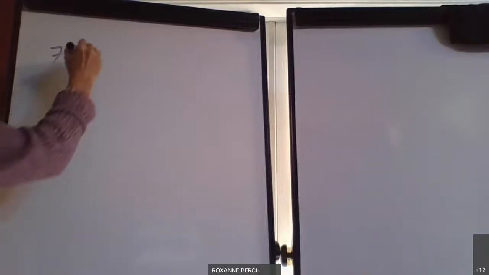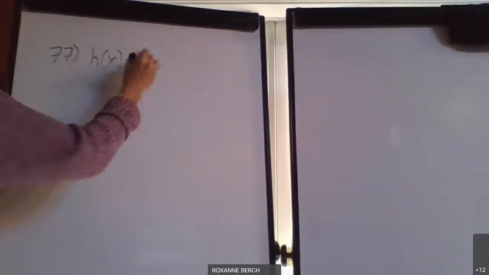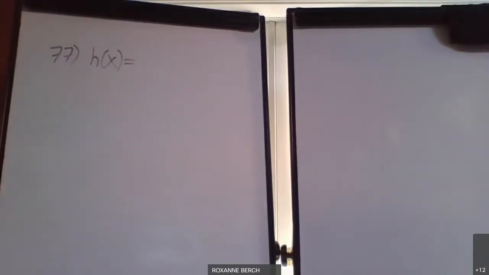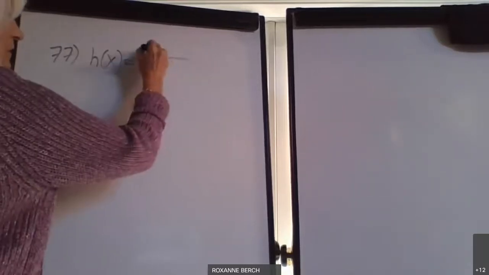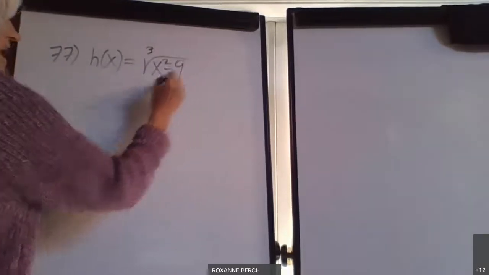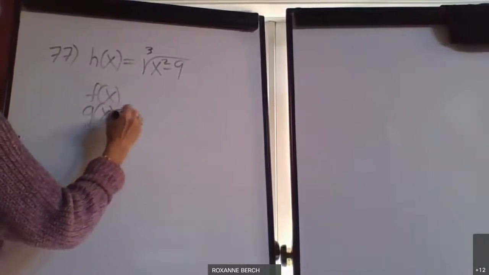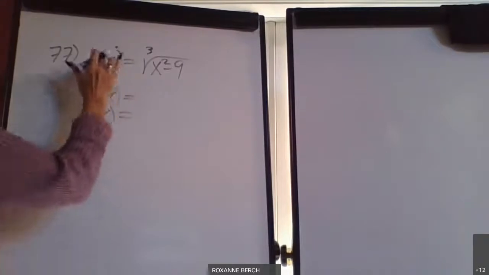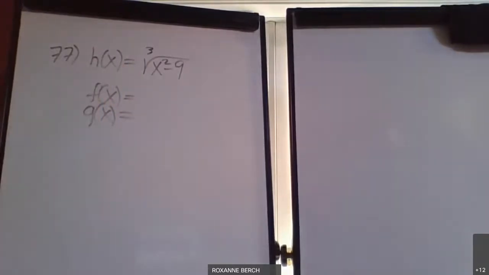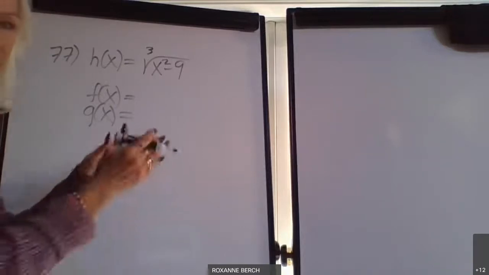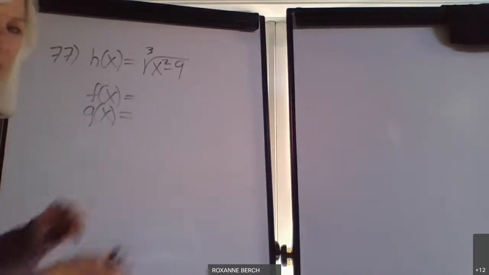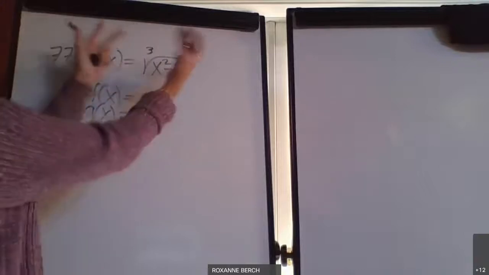So they're giving you a composition. h of x equals the cube root of x squared minus 9. And they want you to find the two functions that when you take the composition, you get this. So this is really simple. Rather than working from the inside out, you're going to work from the outside in. And you ask yourself, who's the parent?